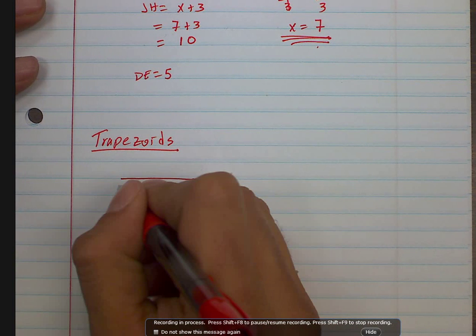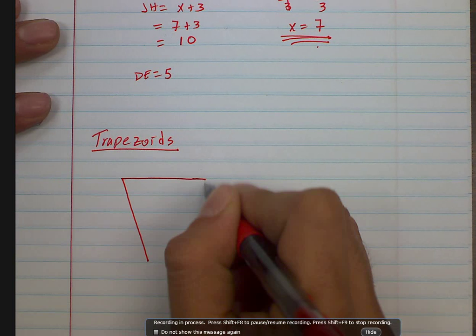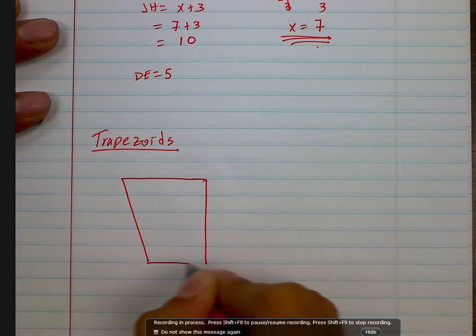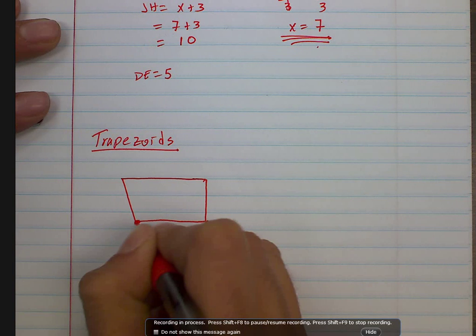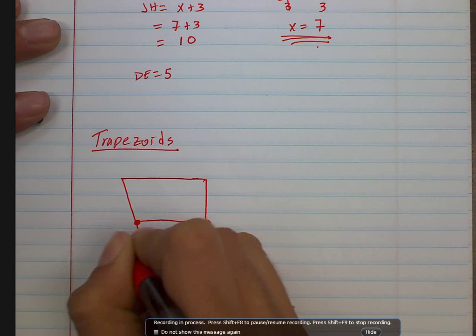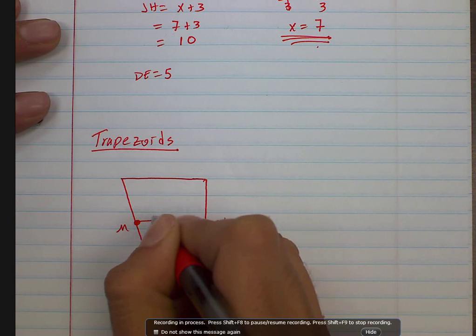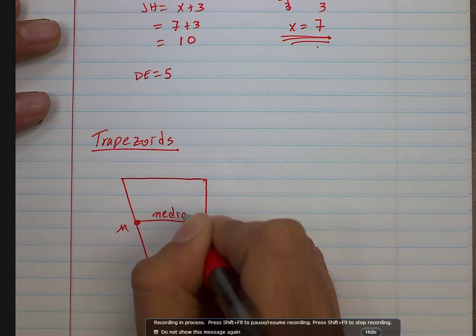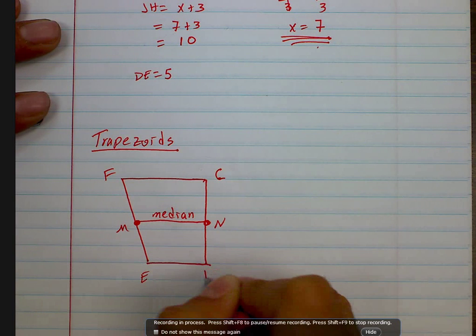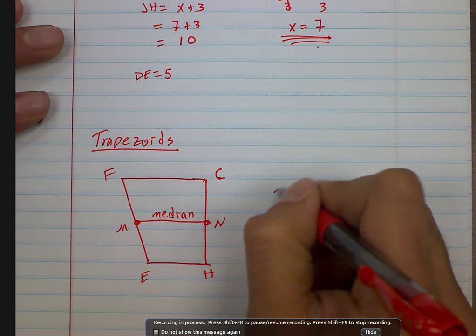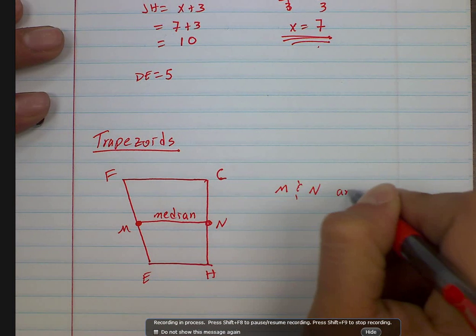However, on the trapezoids, we have 2 bases, and we have to take that into consideration. So here's my trapezoid, where MN is called the median. And now we have F, G, E, and H. Now I know M and N are midpoints.